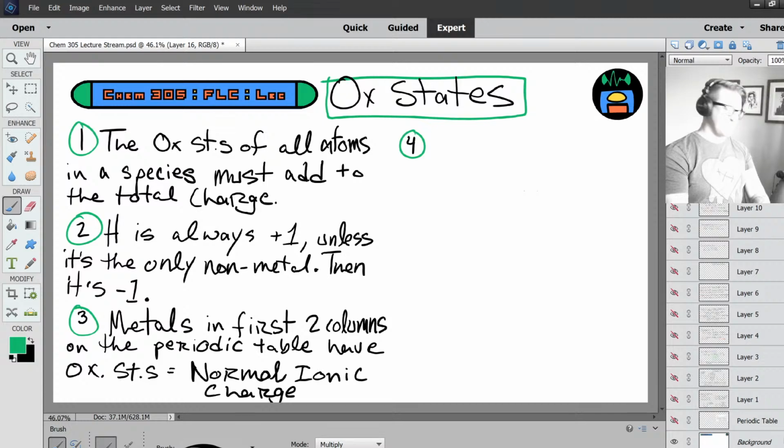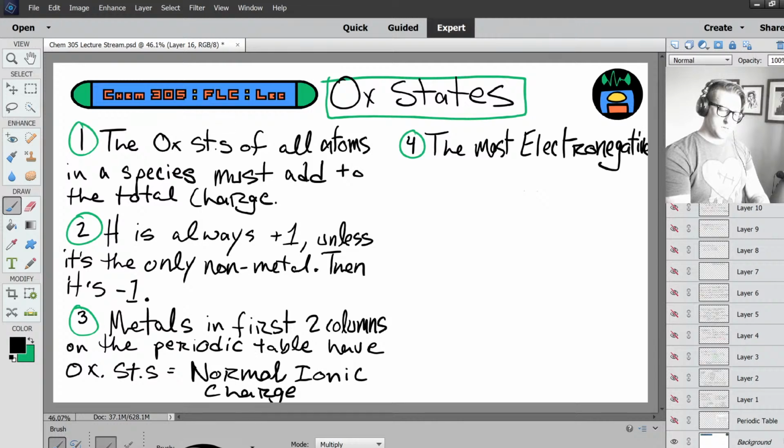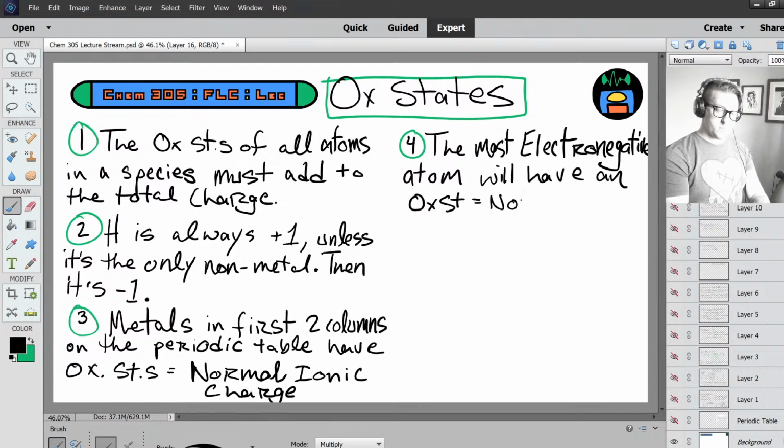So if you don't have enough information based on rules 1, 2, and 3, then you move to rule 4, which states that the most electronegative atom will have an oxidation state equal to its normal ionic charge.